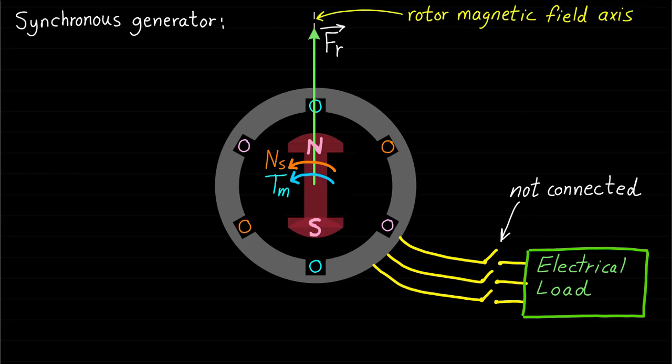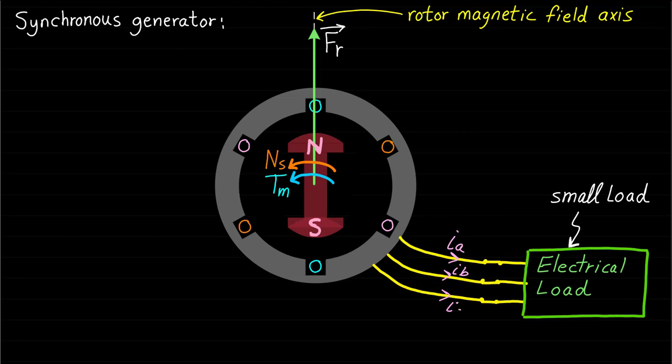As mentioned before, this rotor rotating magnetic field Fr will link the armature windings and induce the main voltage component in the armature windings. Now, if a light or small electrical load is connected to the machine, a small stator current will start to flow to support the light load. This stator current will generate the stator rotating magnetic field.